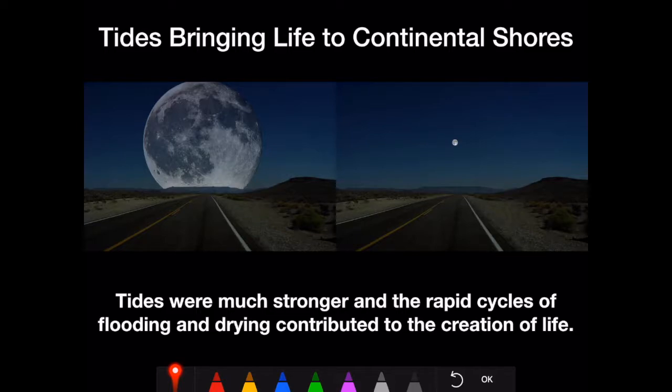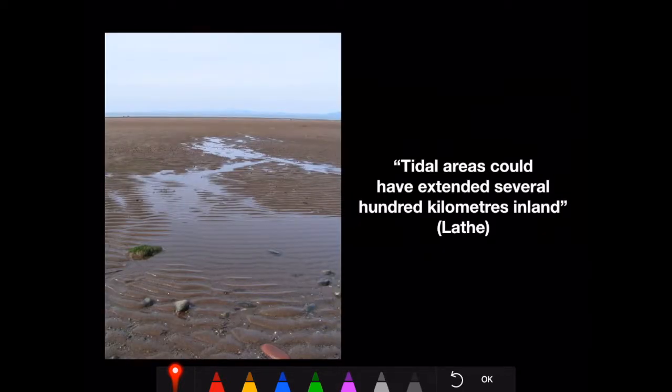This flooding and drying allowed for this to happen and may have contributed to the formation of life. As Lathe said, tidal areas could have extended several hundreds of kilometers inland. You see this very far out, lots of open space, but when the tide comes in, it also brings in material from the ocean. As you can see here, there's rocks and stuff.